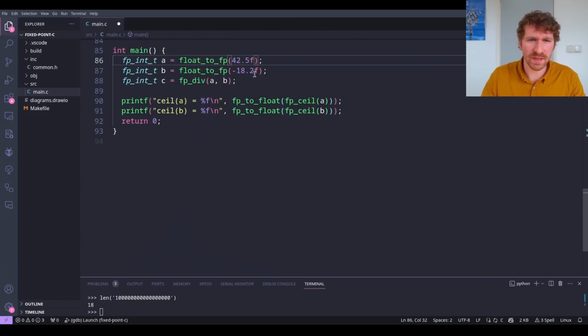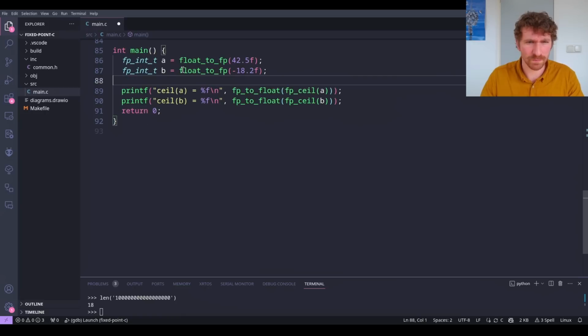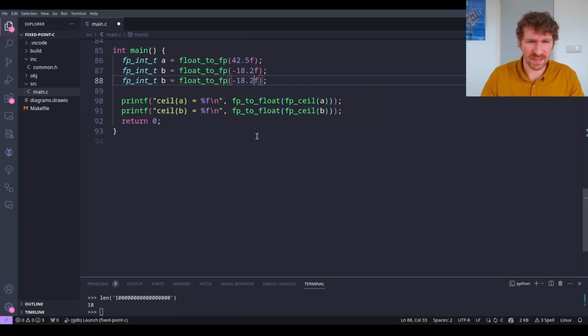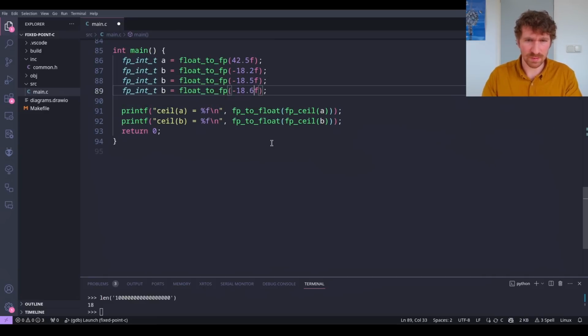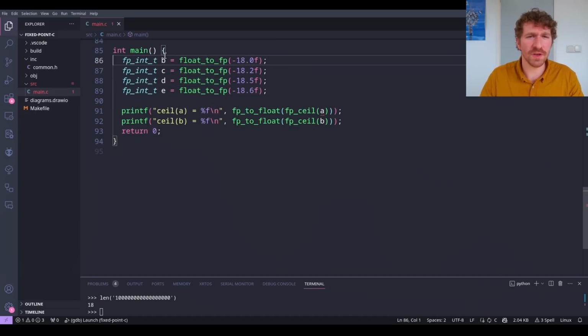We've got something. Let's make a couple more numbers here. We're going to need some, so let's get rid of C because we don't really need C anymore. Let's add another C. That's going to be 18.5, 18.6, and maybe 18.0, B, C, D, E. Let's just do negative numbers first, and then we'll do positive numbers afterwards.